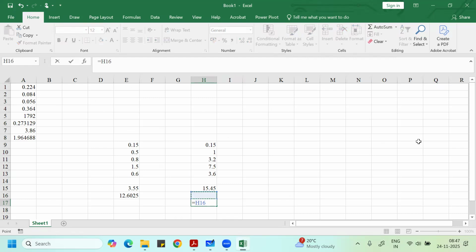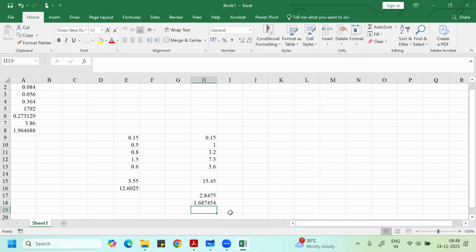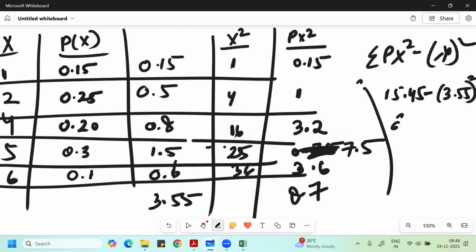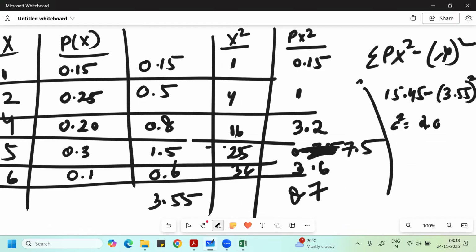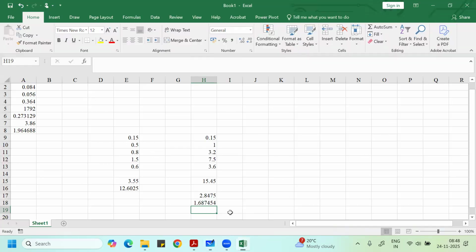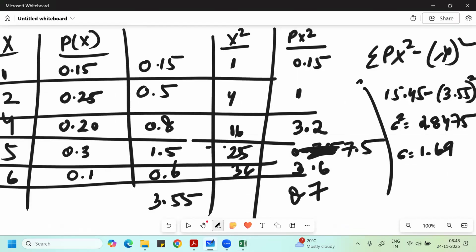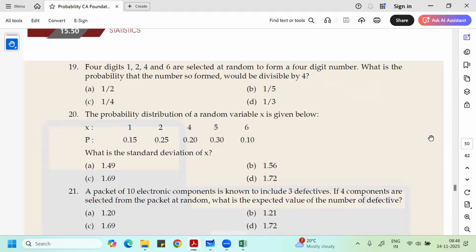The variance is 2.8475, and the square root of this will give you the standard deviation, which is 1.69. The answer for this is 1.69.